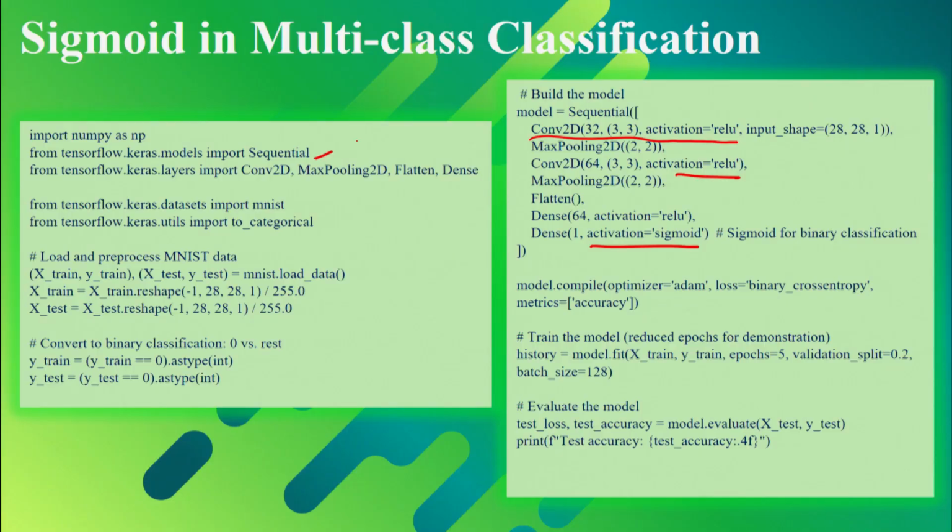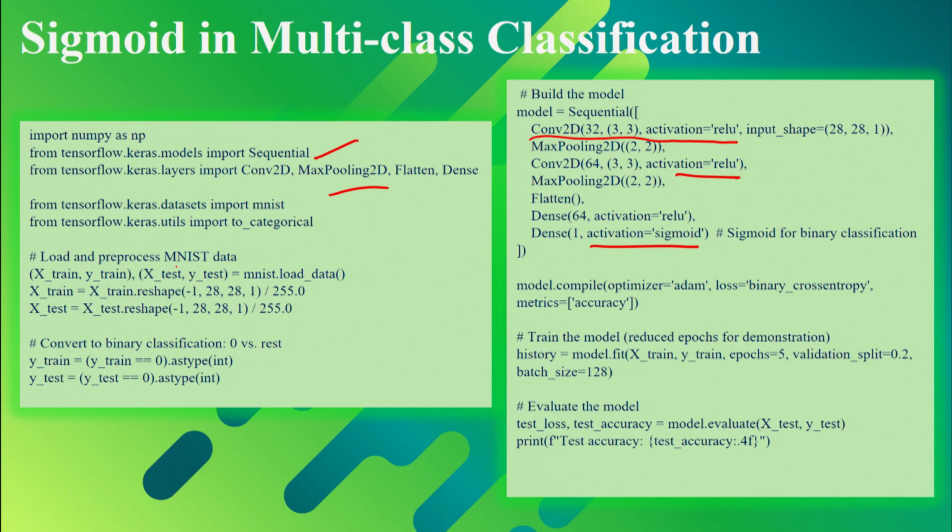Under the image classification problem, these are the built-in functions we need to import: one is Sequential, the others are the convolution layer, max pooling, flatten and dense. These are the libraries under TensorFlow and Keras that we are going to download.